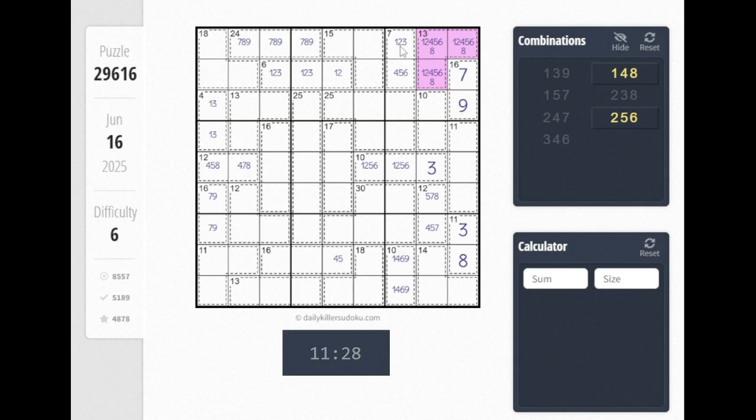I guess it makes it so that way this is either a 2-5 or a 3-4, so it cannot be 1-6. So that's something, I guess.